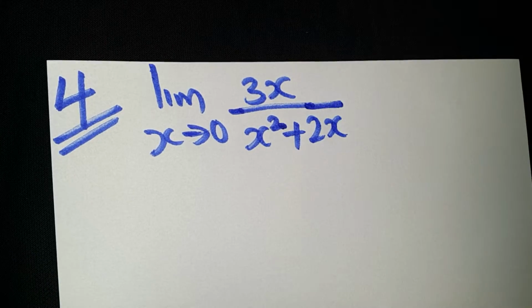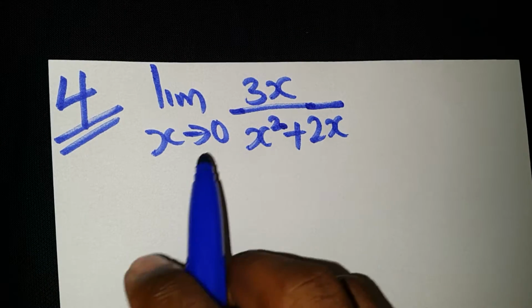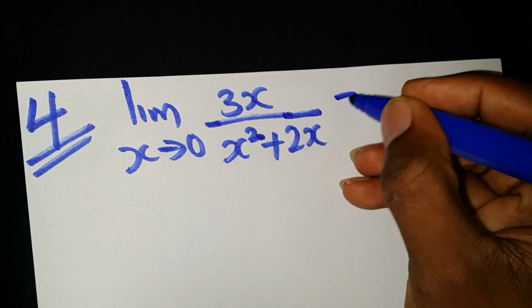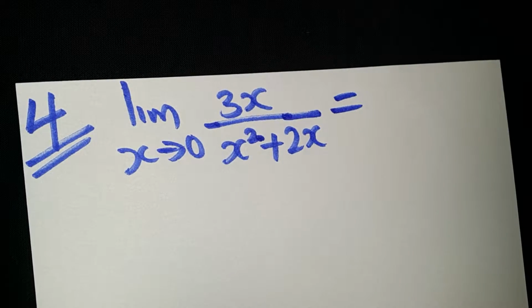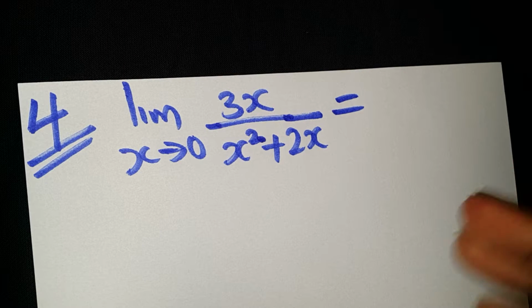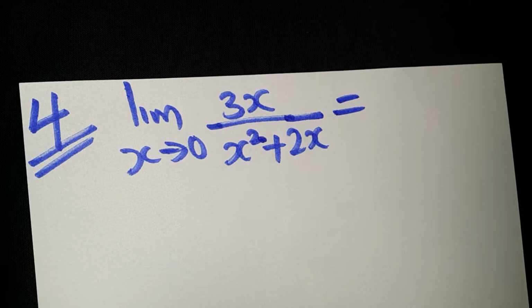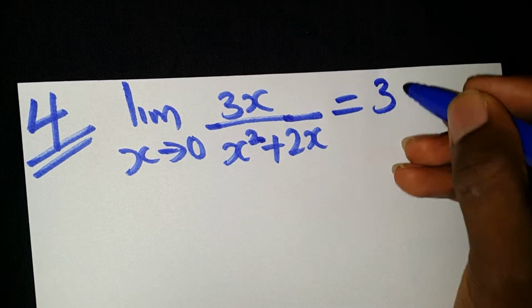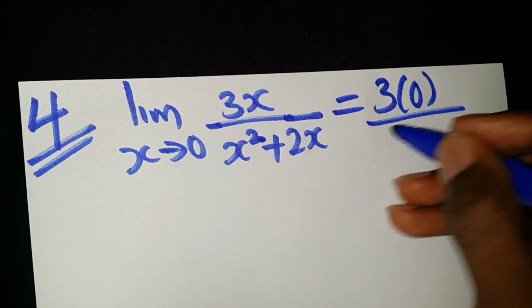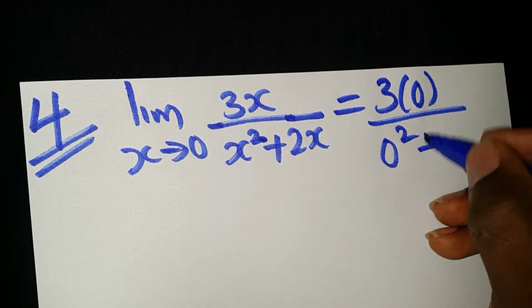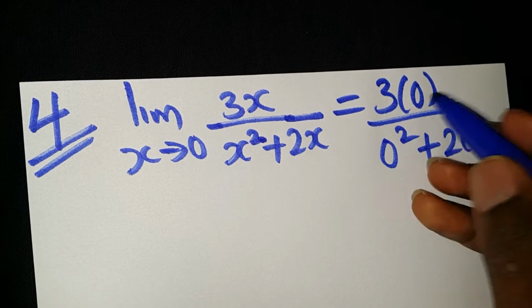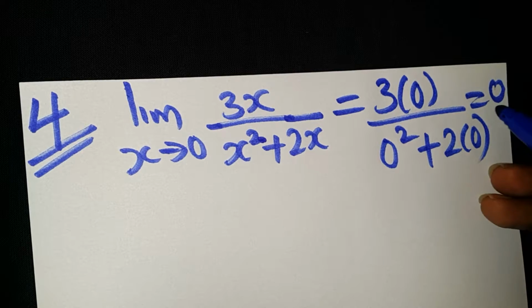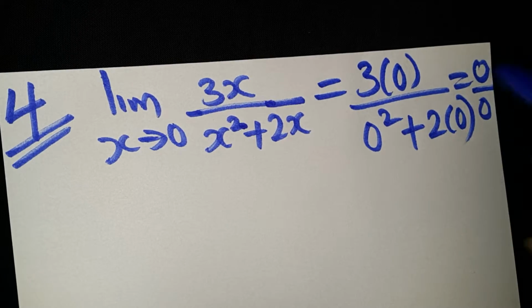This is another example. So we have to plug in our 0 again and see if our answer will be determinate form or indeterminate form. By plugging in 0, we have 3 times 0 divided by 0 squared plus 2 times 0. So 3 times 0 is 0, and the denominator will also give us 0. So this form is indeterminate.